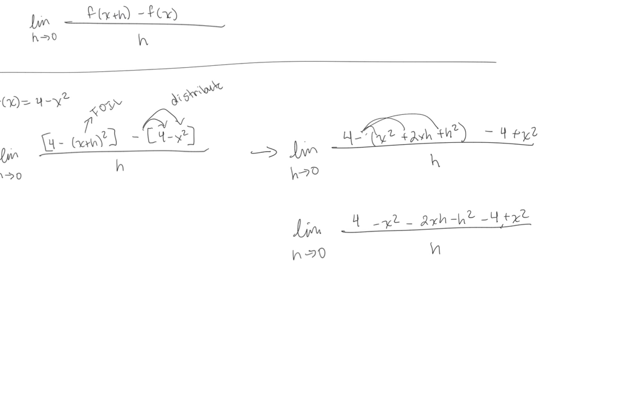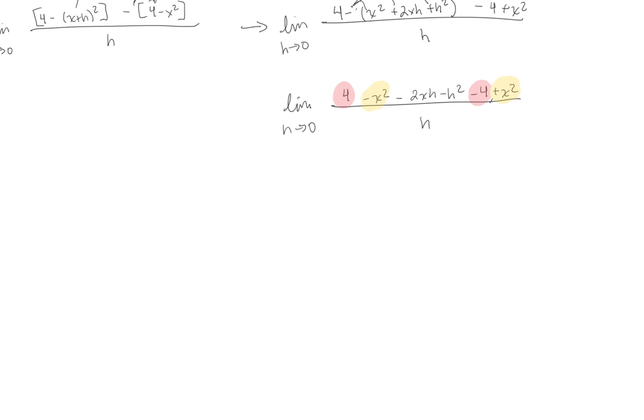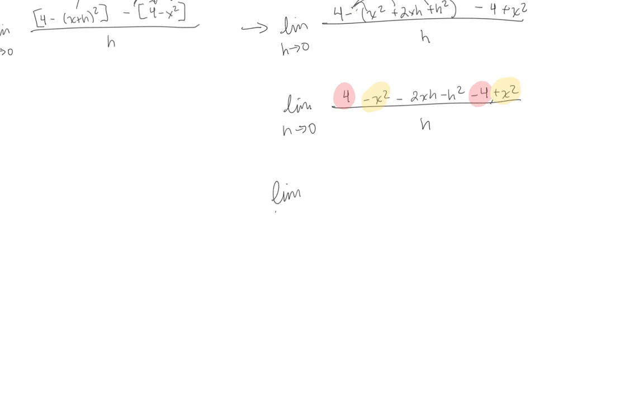I noticed some things cancel out right away: this 4 minus 4 cancels, and this negative x squared and this positive x squared also cancel. So now I have the limit as h approaches 0 of negative 2xh minus h squared all over h.